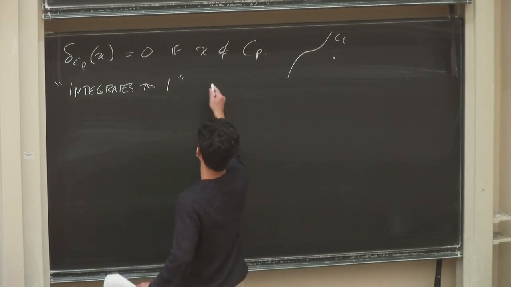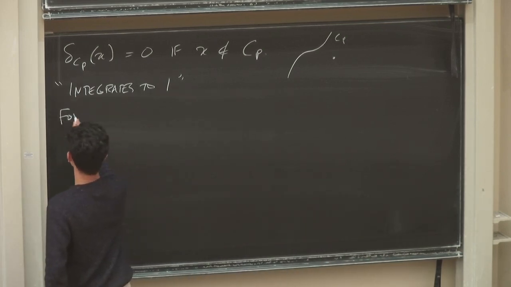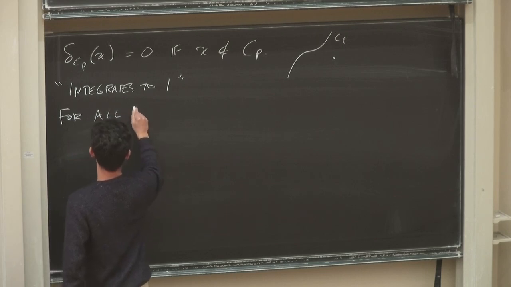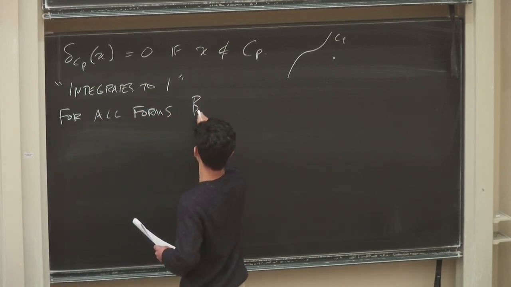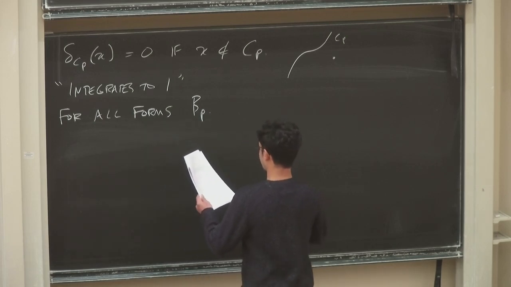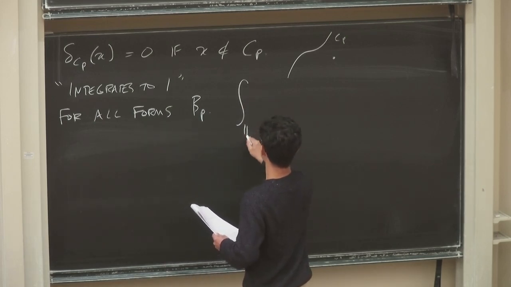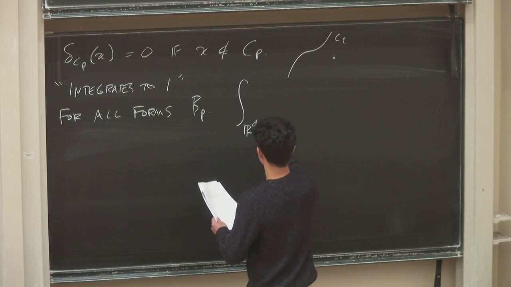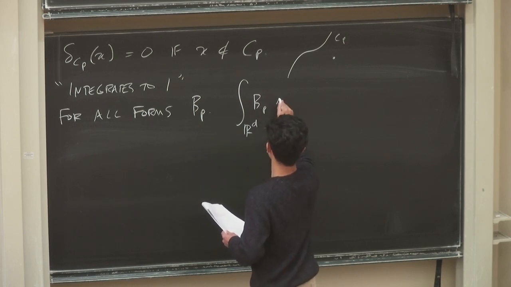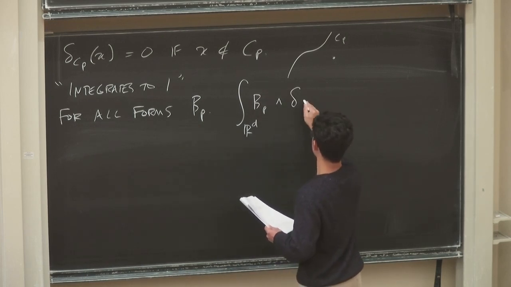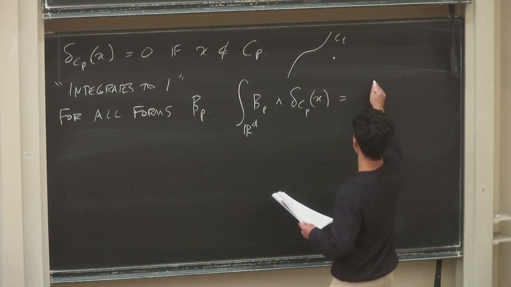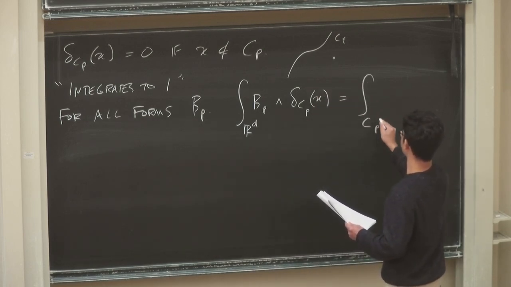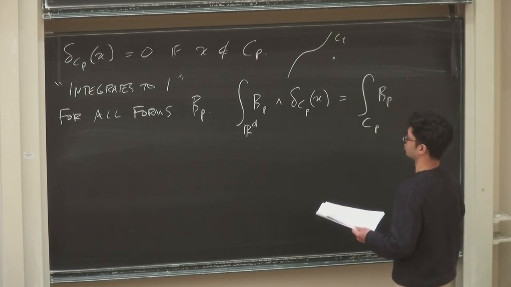for all test forms, so for all differential forms B sub p, it is a fact that if you integrate over R^d, B sub p wedge delta C sub p of x, that is equal to the integral on C sub p of the form B_p.